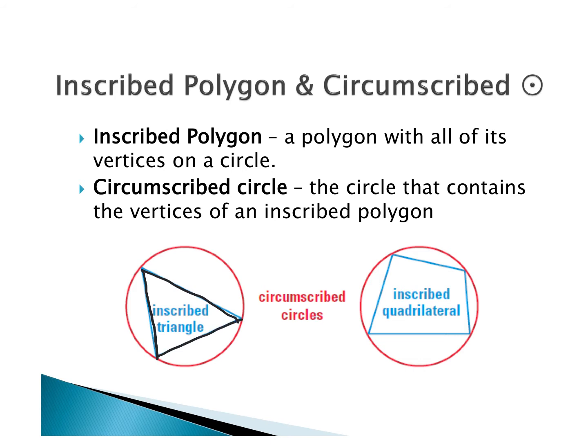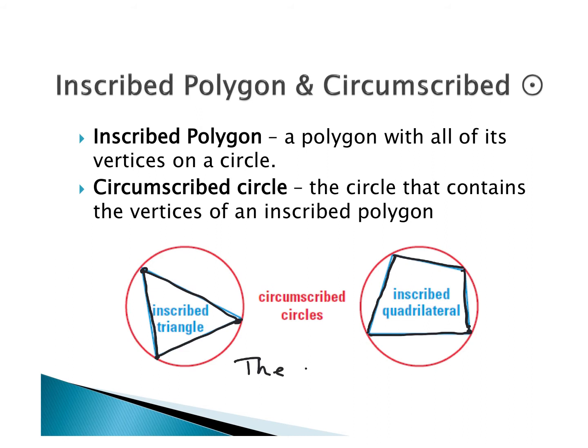This is an inscribed quadrilateral because it's inside the circle, with all of its vertices on the circle. Same with the triangle. All the vertices sit on the circle. Or you could say that the circle is circumscribed about the triangle. So that's how you could use the word circumscribed.